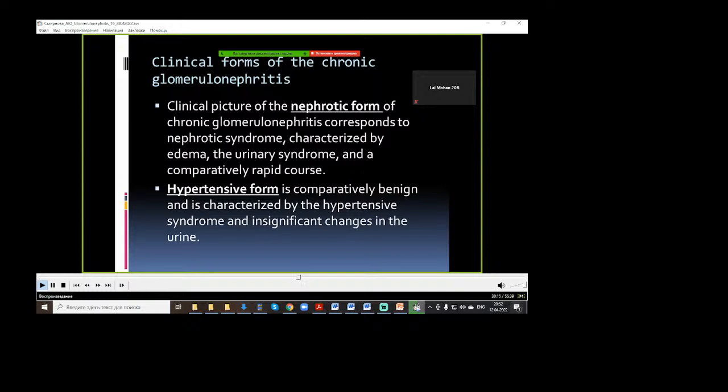The next form, the hypertensive form, is comparatively benign and is characterized by hypertensive syndrome and insignificant changes in the urine, such as hematuria and proteinuria.